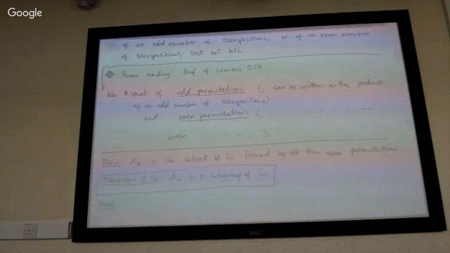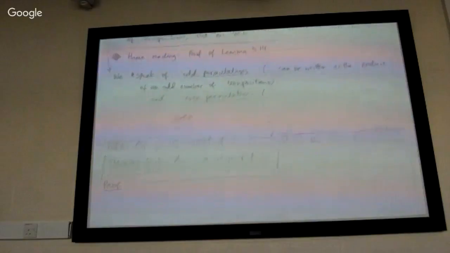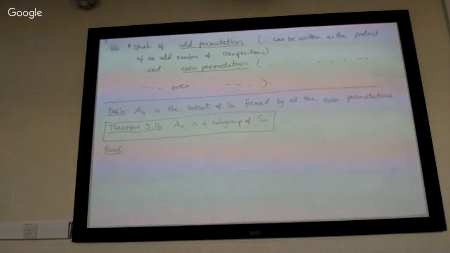In order to be a subgroup, it suffices to prove two things. One of them is that the identity is there. What else do you need to prove?